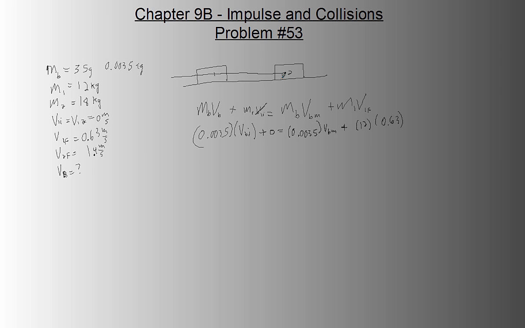Let's do the second interaction, see if that helps us out. So down here we get M bullet times V bullet in the middle, because the second interaction takes place right before the bullet hits block 2, and then right after the bullet hits it.